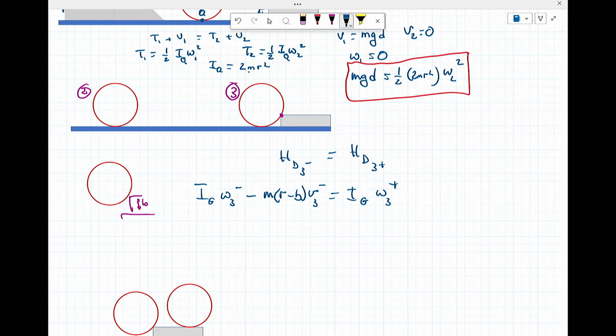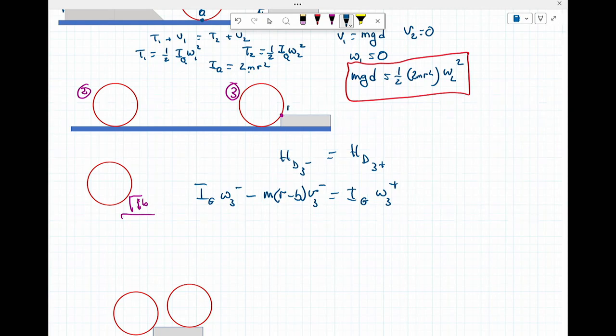So what I expect to have happen is it hits the corner, it has a translational velocity and a rotational velocity at the center of mass. On the right-hand side, after impact, it's rotating. So I expect it hits the corner and starts to rotate about it. It's not translating yet.